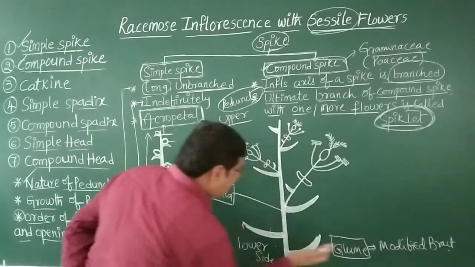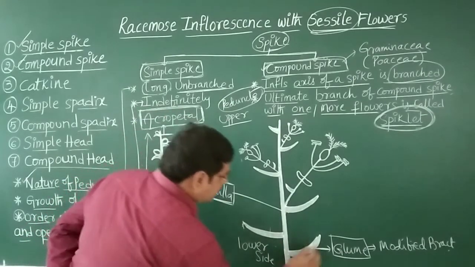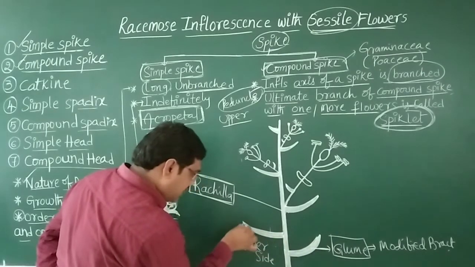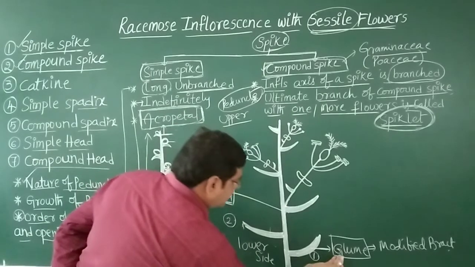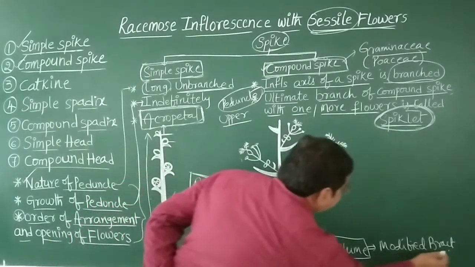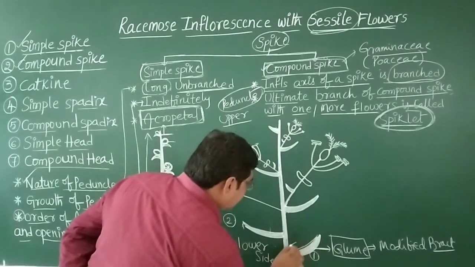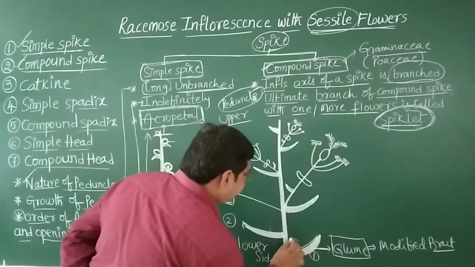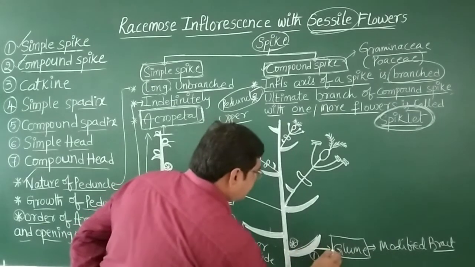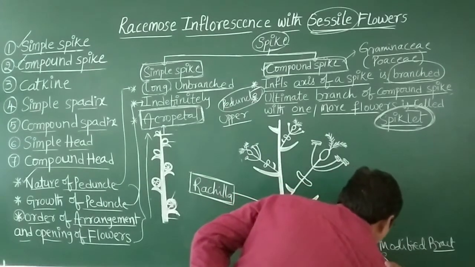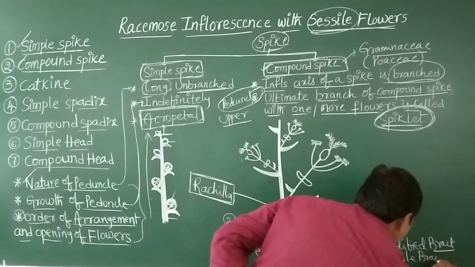So the glumes are present at the lower side of the rachilla. This is the first glume, this is the second glume. These two glumes are modified bracts. At the position of the glumes, there is no flower, so these bracts are called sterile bracts.